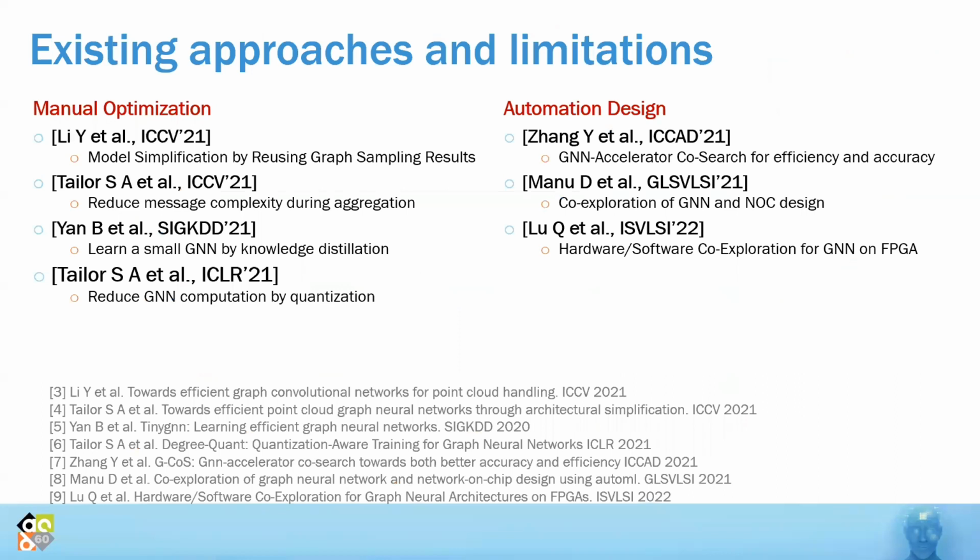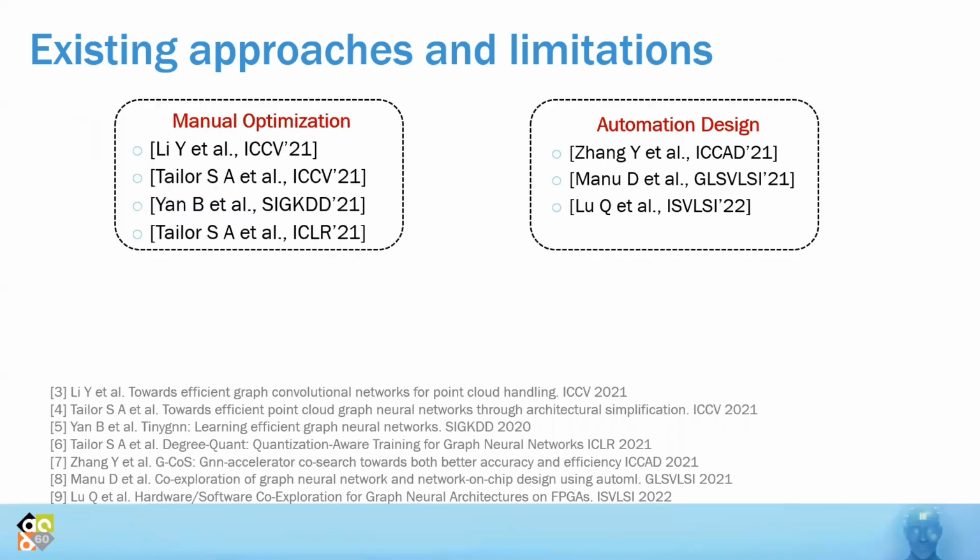At present, there are some manual optimization and automatic design works that try to improve the computational efficiency of GNN in edge scenarios, such as model simplification and GNN accelerator code search. But these works have some shortcomings. The existing manual optimization work lacks an effective hardware efficiency perception method, and the optimization effect completely depends on manual experience.